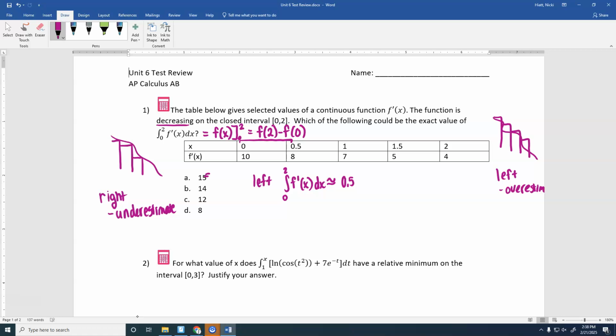And for a left Riemann sum, what would I multiply that by? Since these are all the same length interval, I don't have to do them separately. I could if I wanted to, but all of these are 0.5, so I could just pull that 0.5 out front. And so it'd be f of 0, which is 10, and then 8, and then 7, and then 5. I use all the points on the left. I do not use 4 for that one.